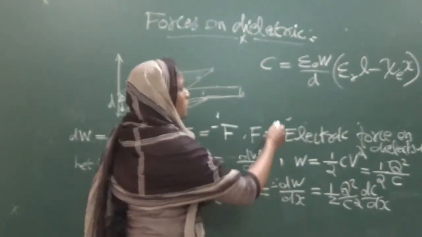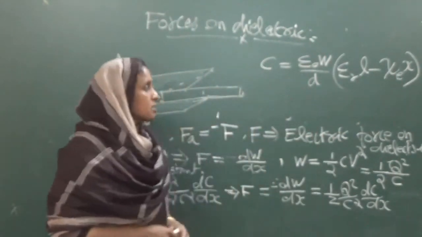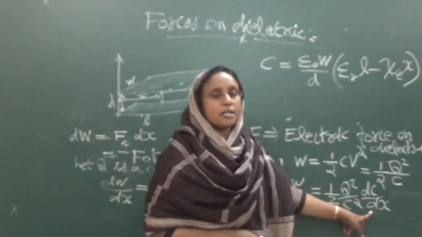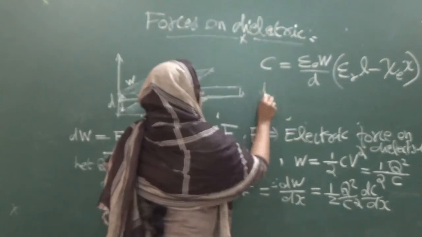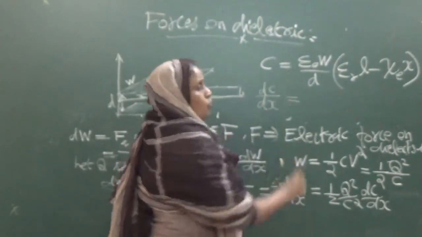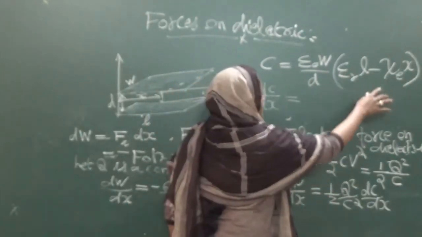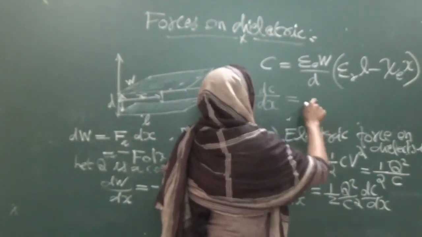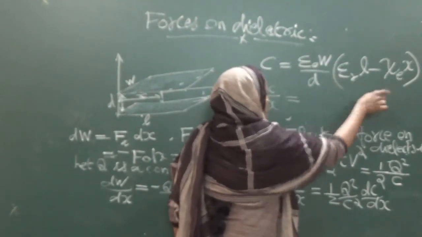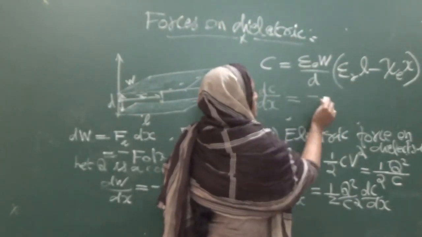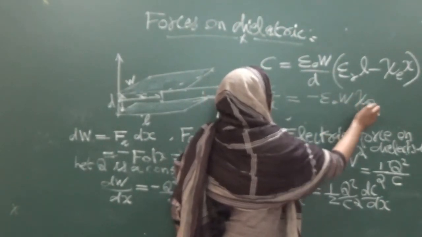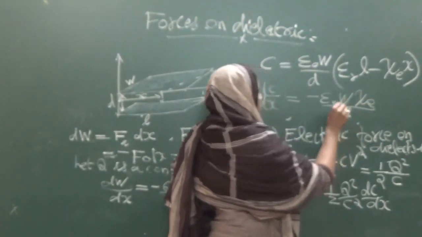Now, this is the capacitance. From this expression, we can find dC by dx. If you differentiate, you can see that there is no x dependence for the first term, only for the second term. So dC by dx equals minus epsilon 0 W chi E by d.